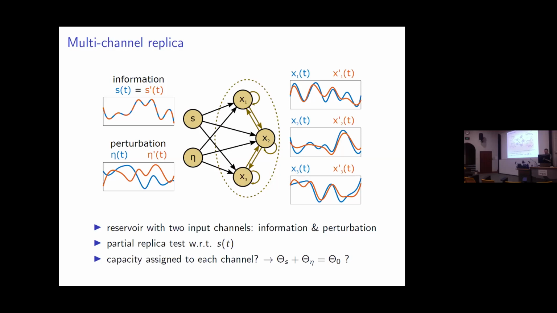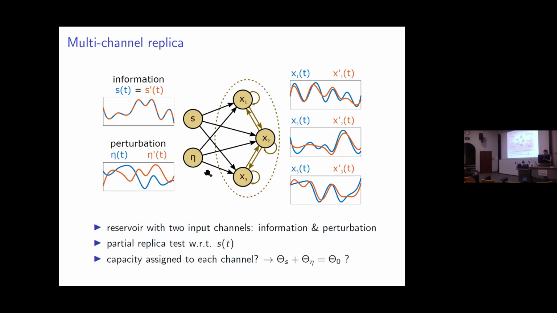Can we say how much capacity is allocated, for instance, if you have 2 input channels, how much capacity does the reservoir allocate to this input channel and how much to the other? As you see, what was previously apparently very simple becomes now rather complex and perhaps even useful. Let's see.